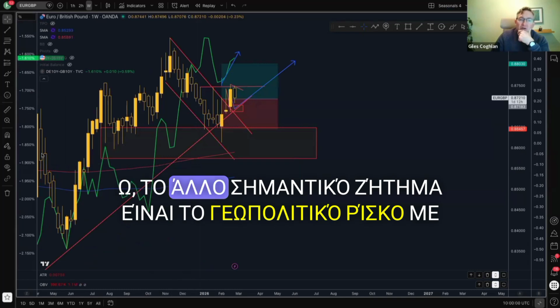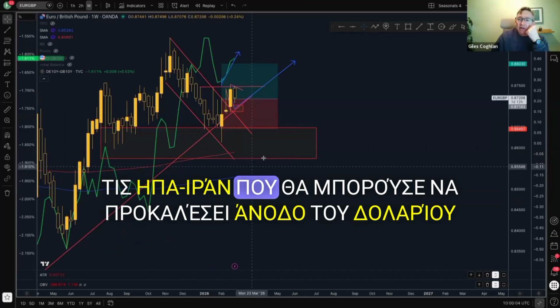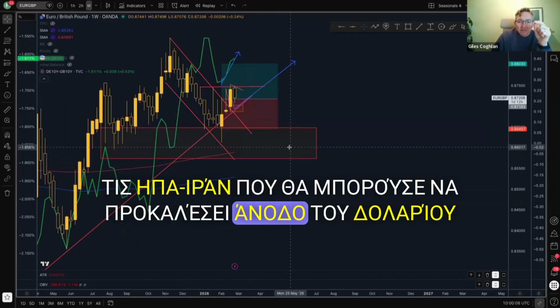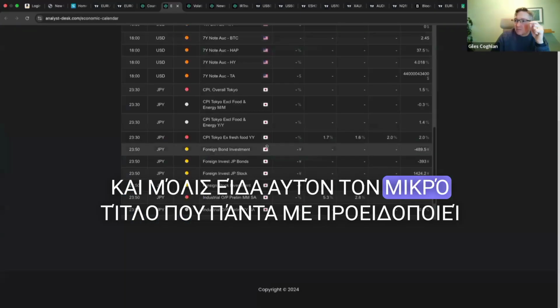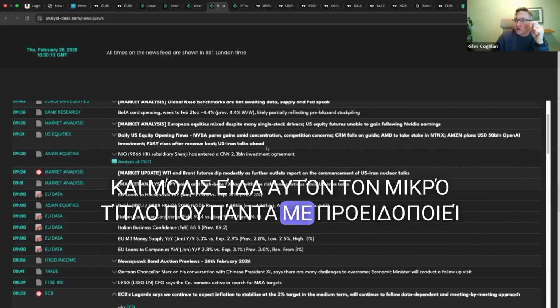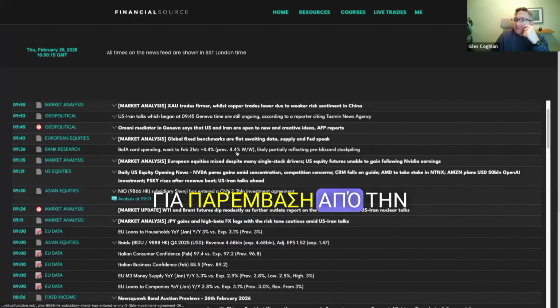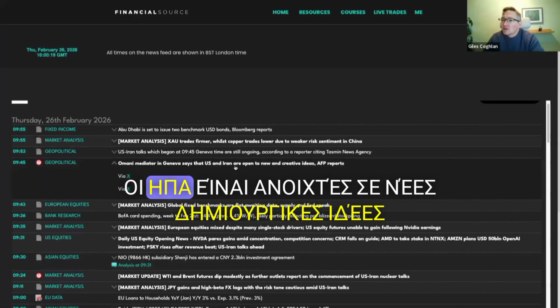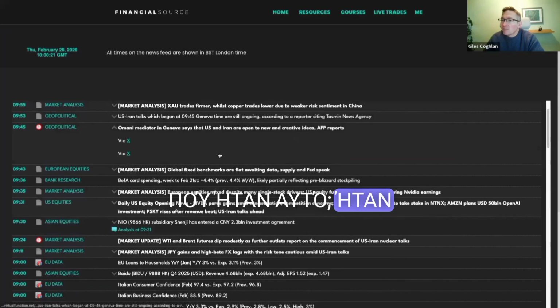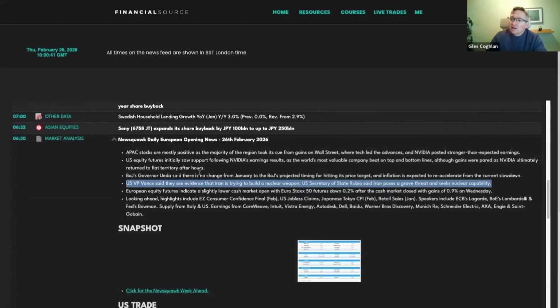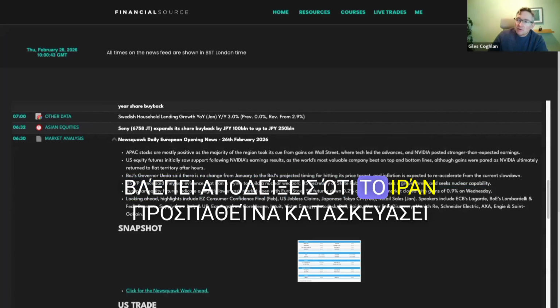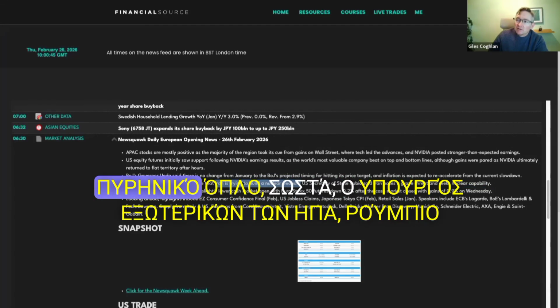The other major issue is the geopolitical risk with US Iran. That could trigger a dollar rally. And I just saw this little headline, which always rings a slight alarm bell for me in terms of intervention, was from the right, US open to new creative ideas. Where was it? Hang on, here we go. It was US Vice President Vance seeing evidence that Iran is trying to build a nuclear weapon, right?